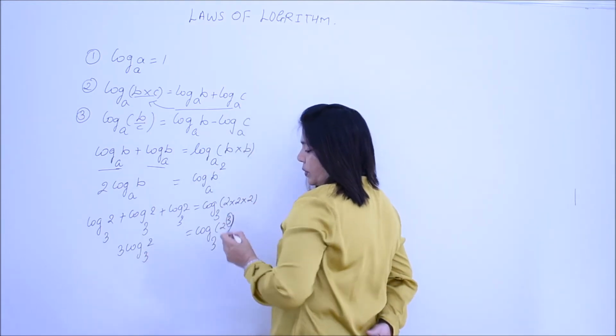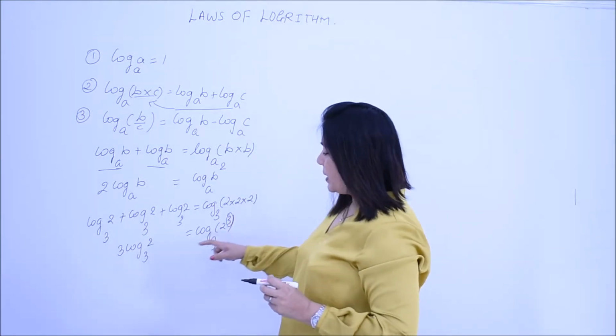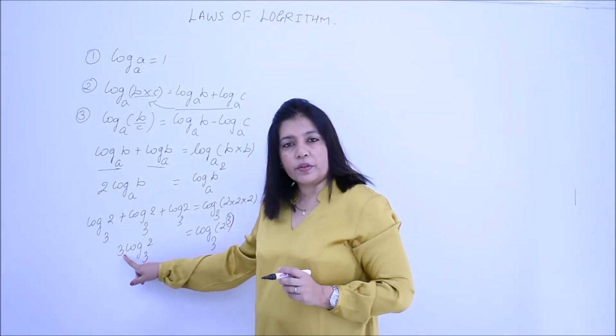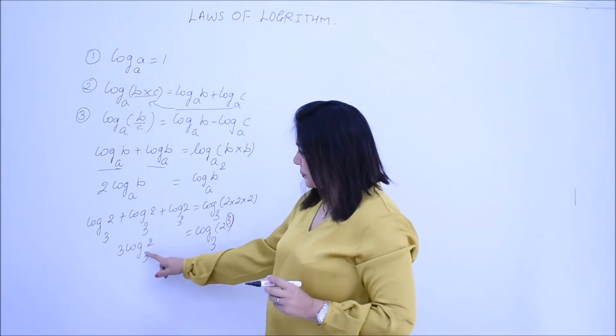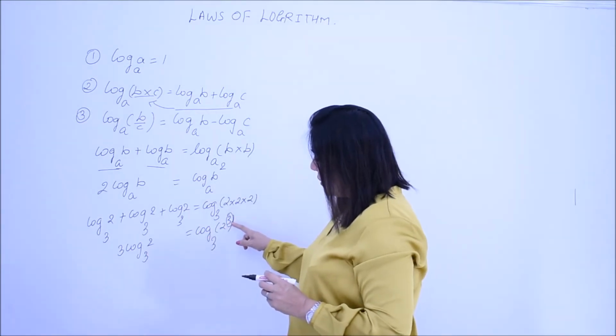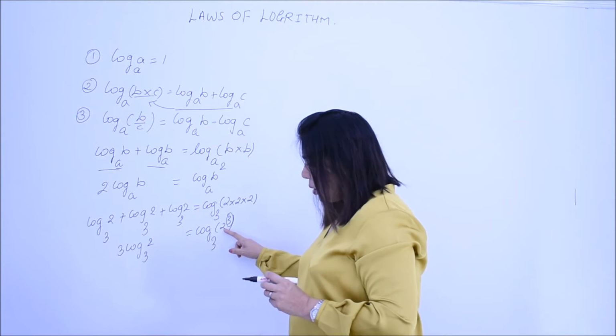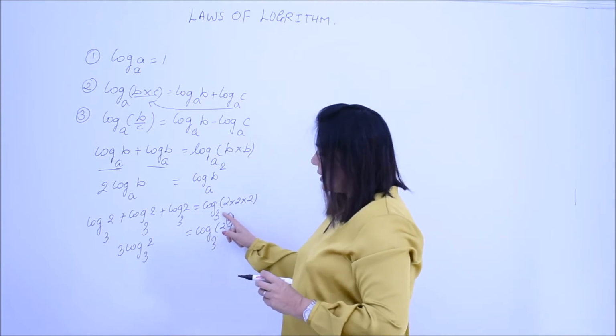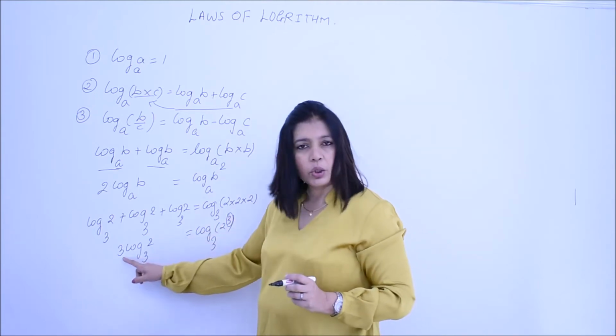This 3, which is the index, has become the coefficient of the log. So whatever power we raise the given log value to, we can take it out as its coefficient.